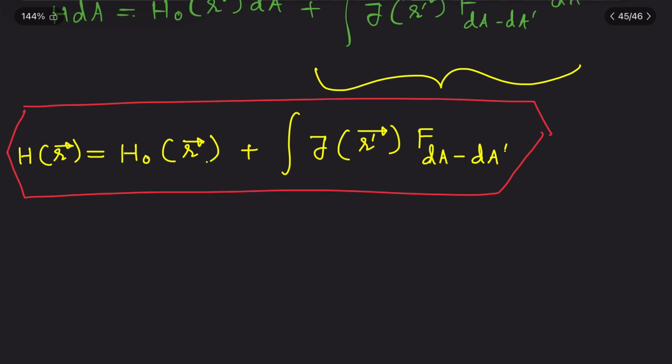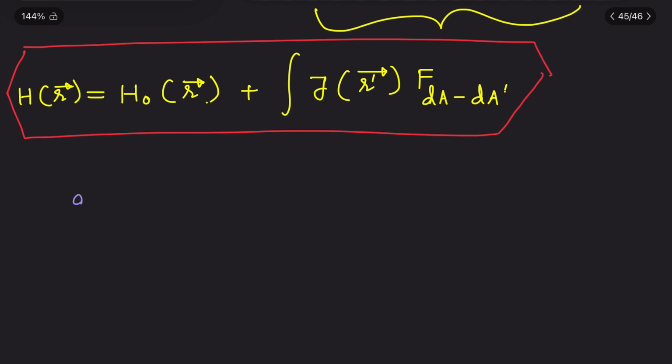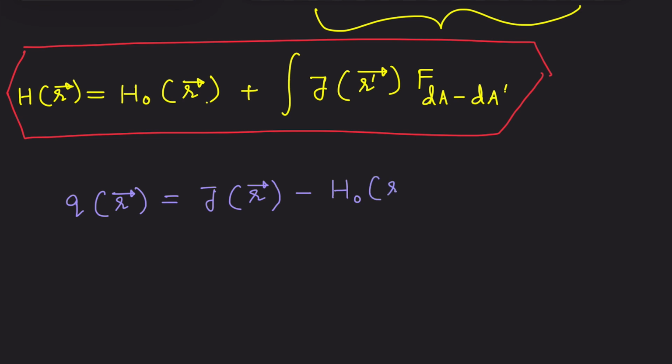So this is H. So if I now put this into my Q, my Q was J minus H naught, or I should write it in a very formal manner, Q, that is a function of r, that is J, that is also a function of r, minus H naught, that is a function of r, minus J r dash F dA dash.